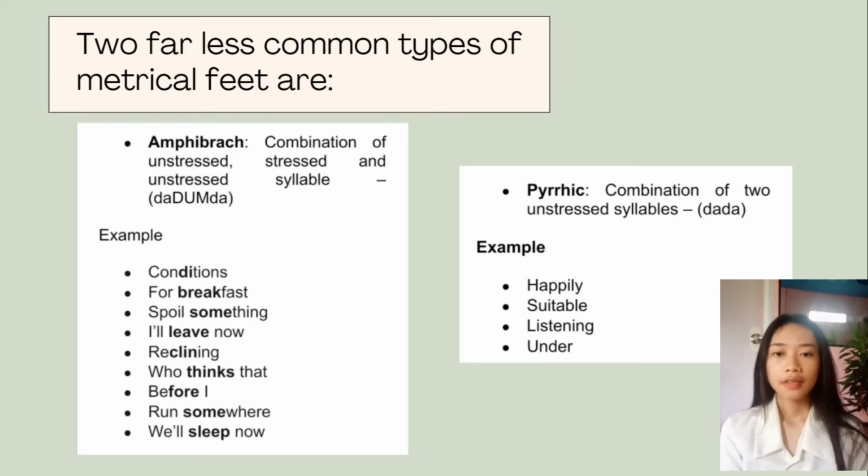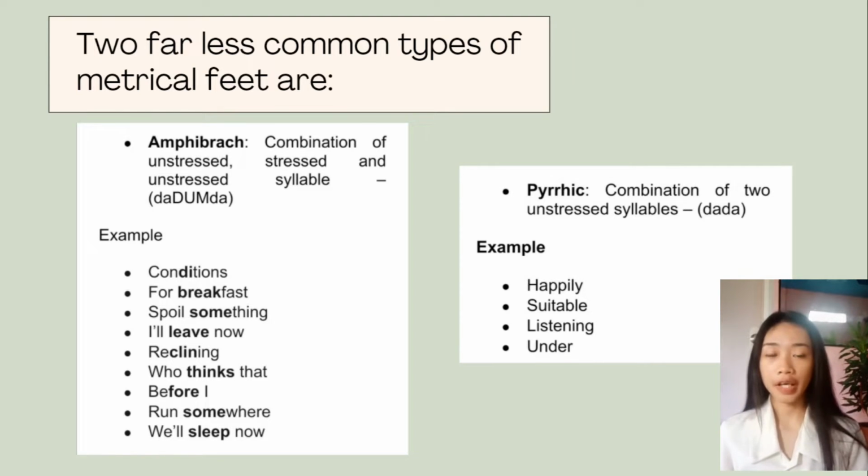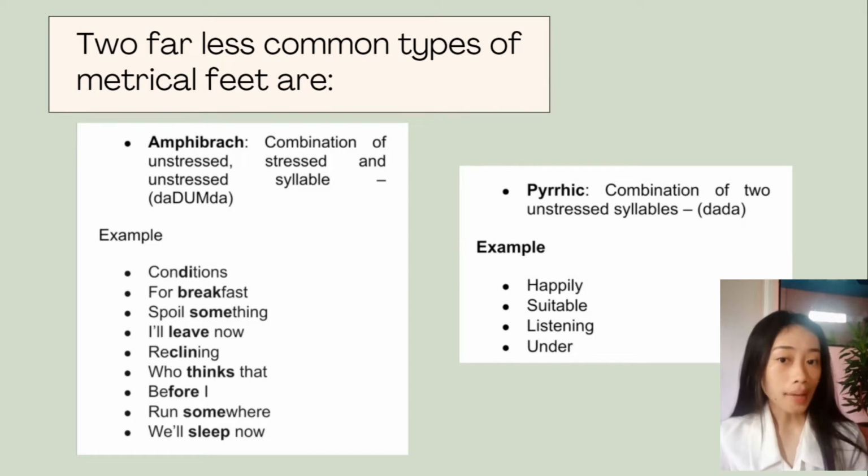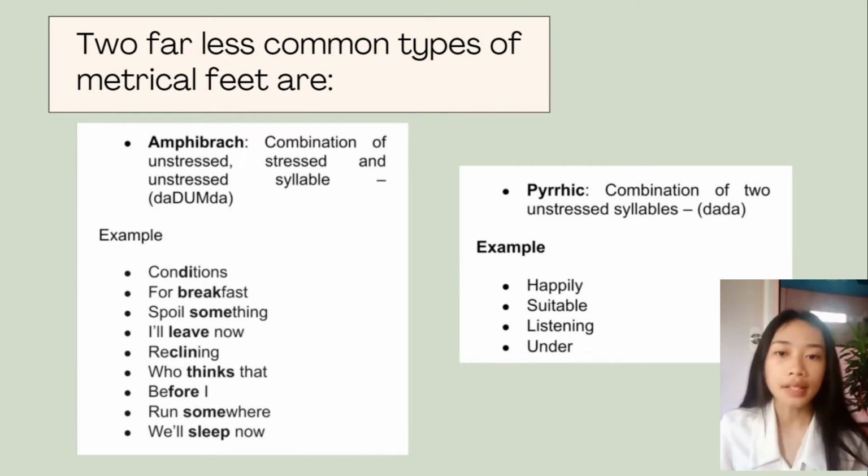So now, let's proceed to the two far less common types of metrical feet, the amphibrach and the pyrrhic. First we have the amphibrach. An amphibrach is a combination of an unstressed, stressed, and unstressed syllable.